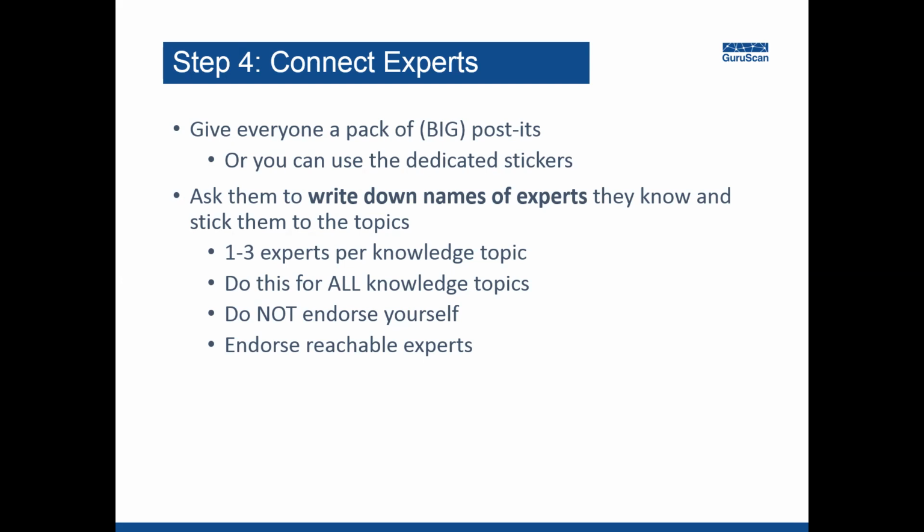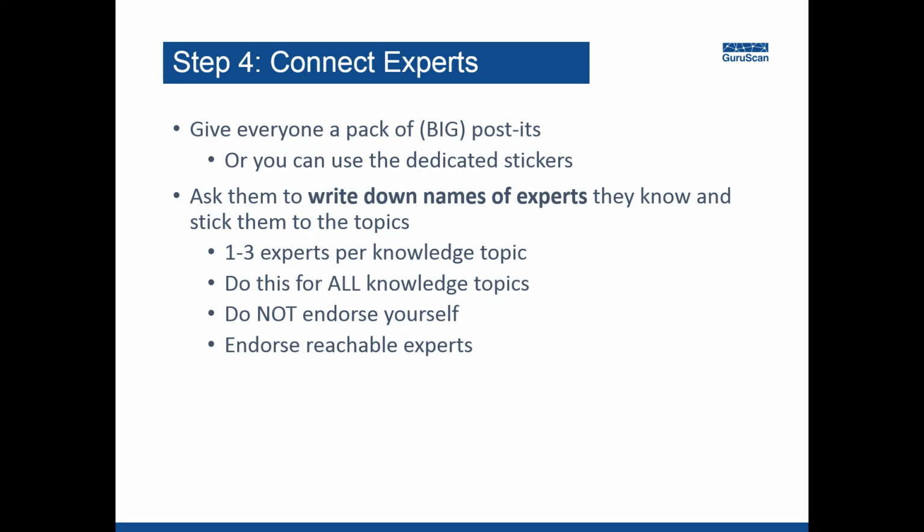General guidance there is try and write down names of 1 to 3 experts per topic. If you know a lot more people, who would be your first points of contact? If you don't know anyone, then try and come up with 1 name of a person that you would ask. Where would you go to even explore that topic?